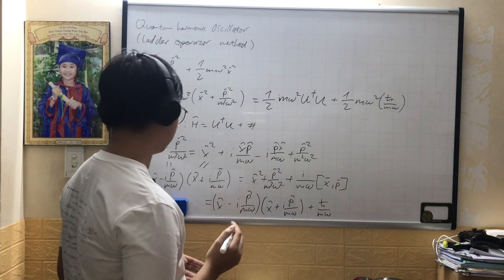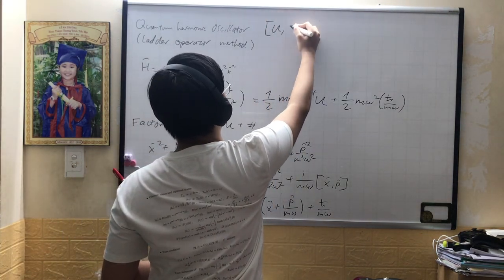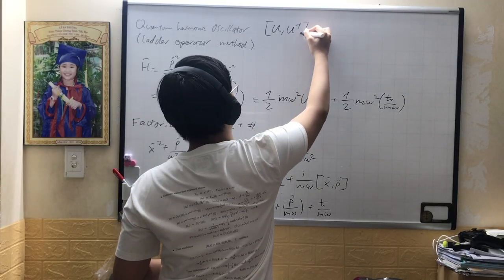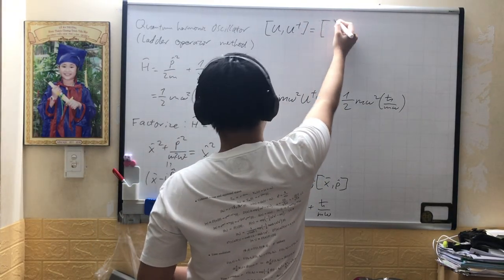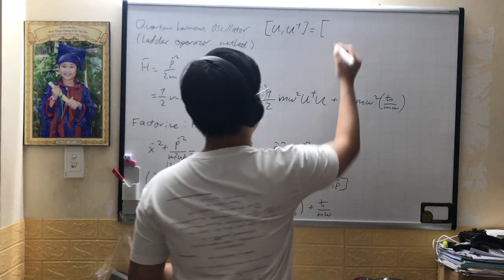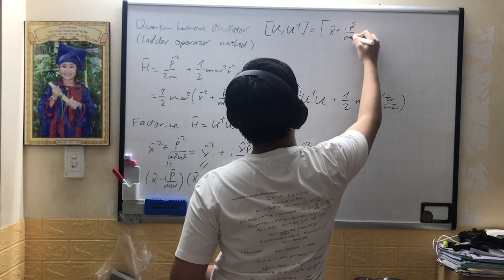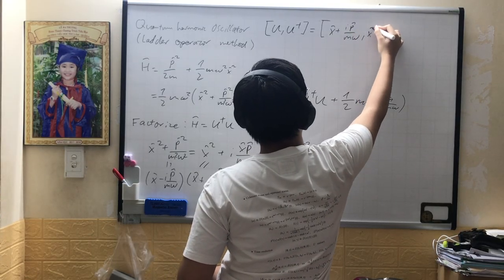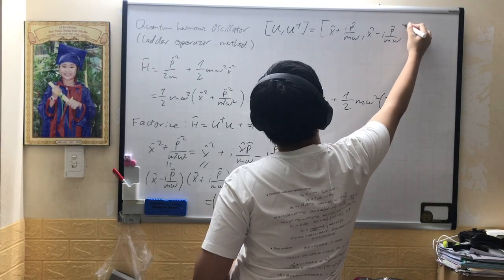I'm going to write it up here. The commutator of u and u dagger would be the commutator between this and that: x plus ip over m omega, and x minus ip over m omega.